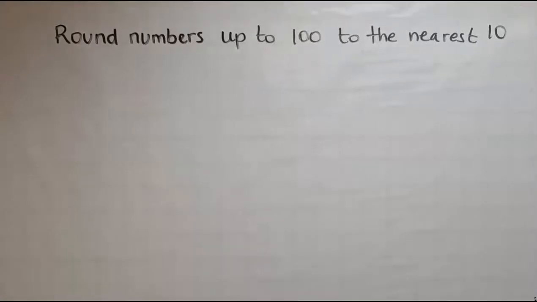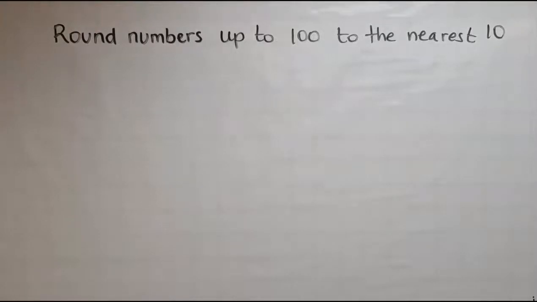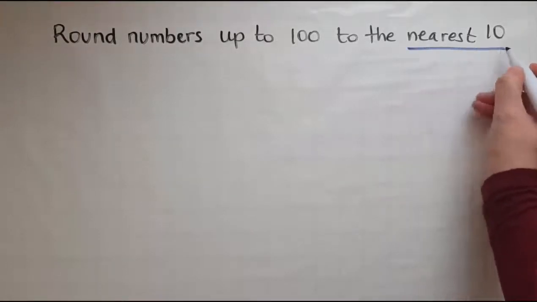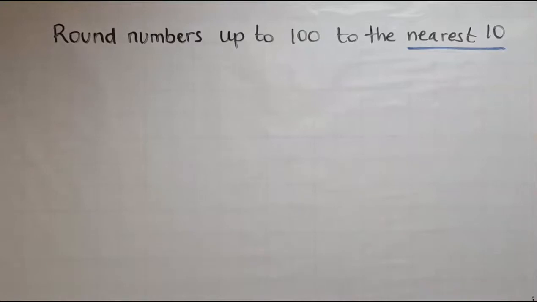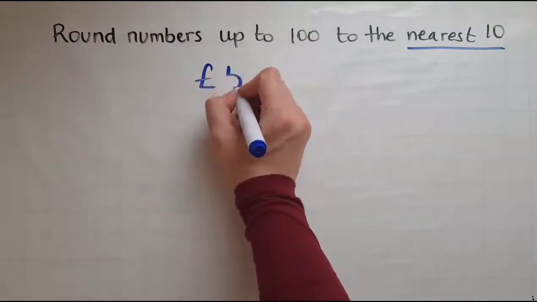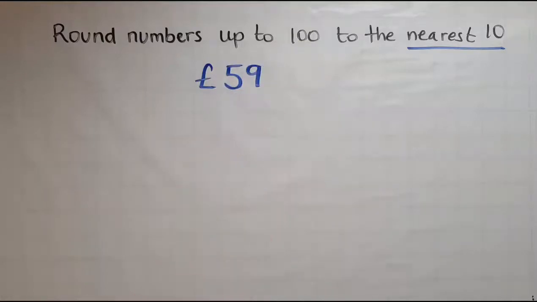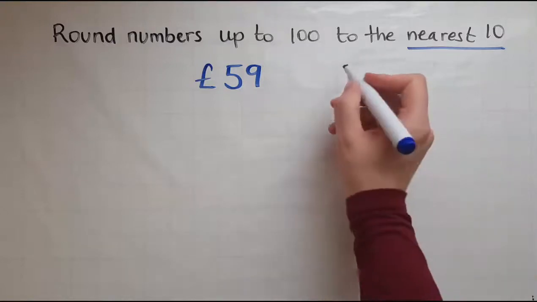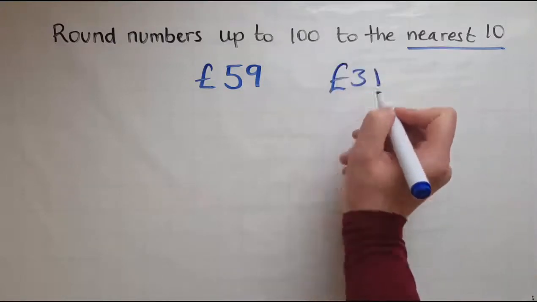In this video, we'll learn to round numbers up to 100 to the nearest 10. When we go shopping and we've just spent £59, for example, what we think in our head is that we've just spent £60, and then later on we might go and spend £31.